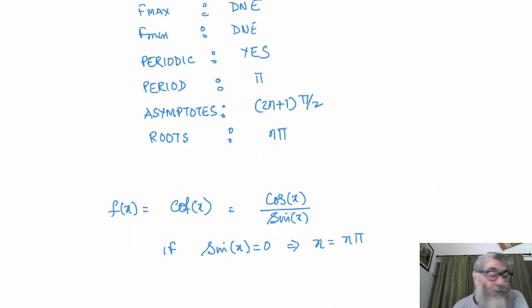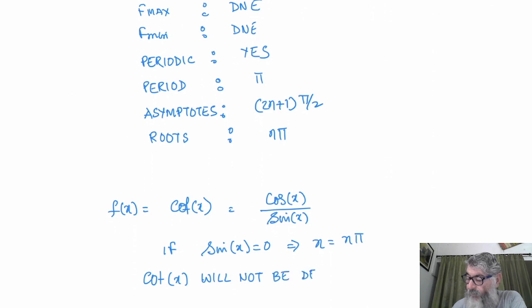Where will cot x not be defined? Cot x will not be defined at n pi, meaning at multiples of pi. Cot x will not be defined at x equal to n pi.